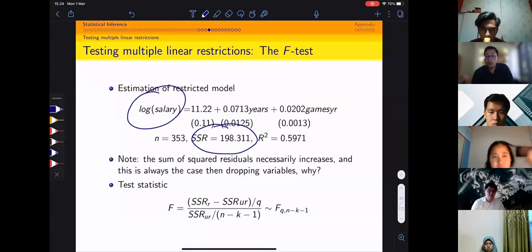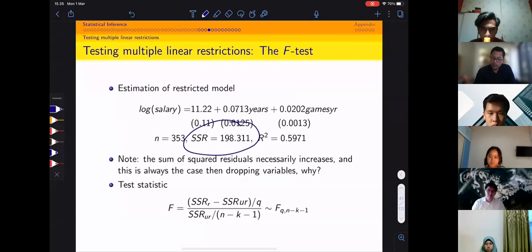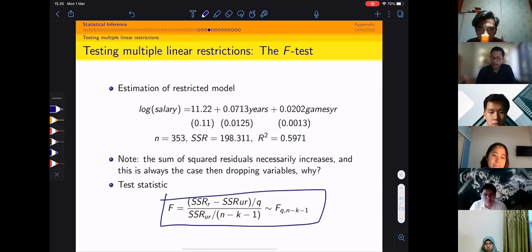What we're interested in is whether by dropping the variables, the sum square residual will increase, and whether it's actually going to increase significantly. We're going to test that using the F statistic.